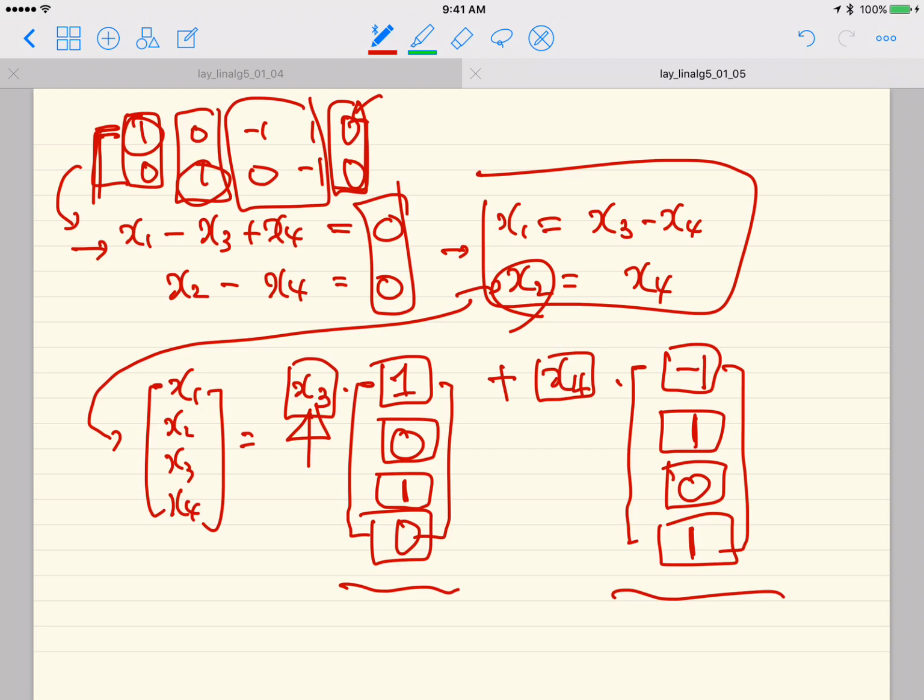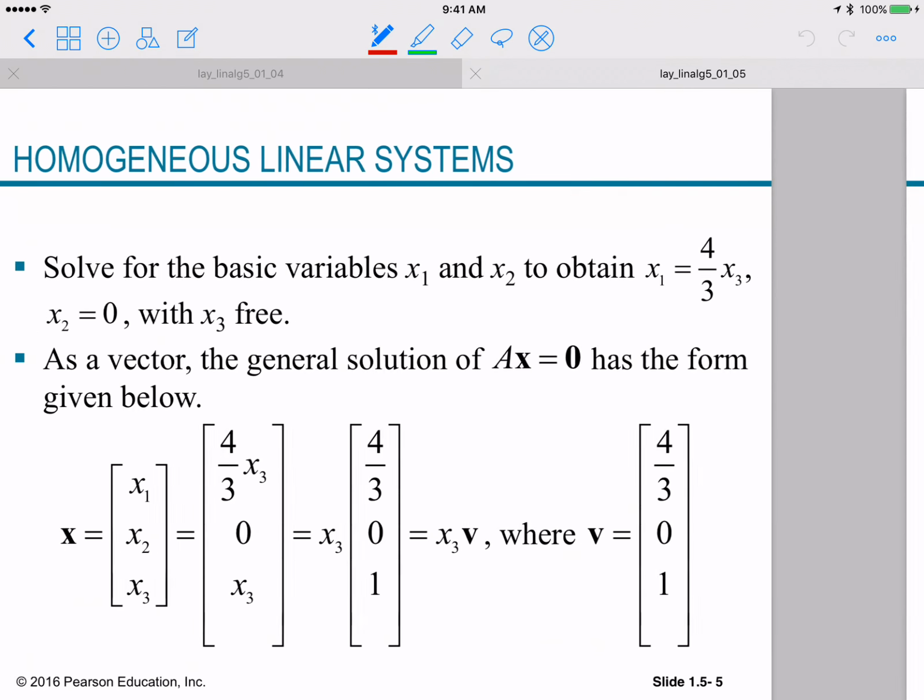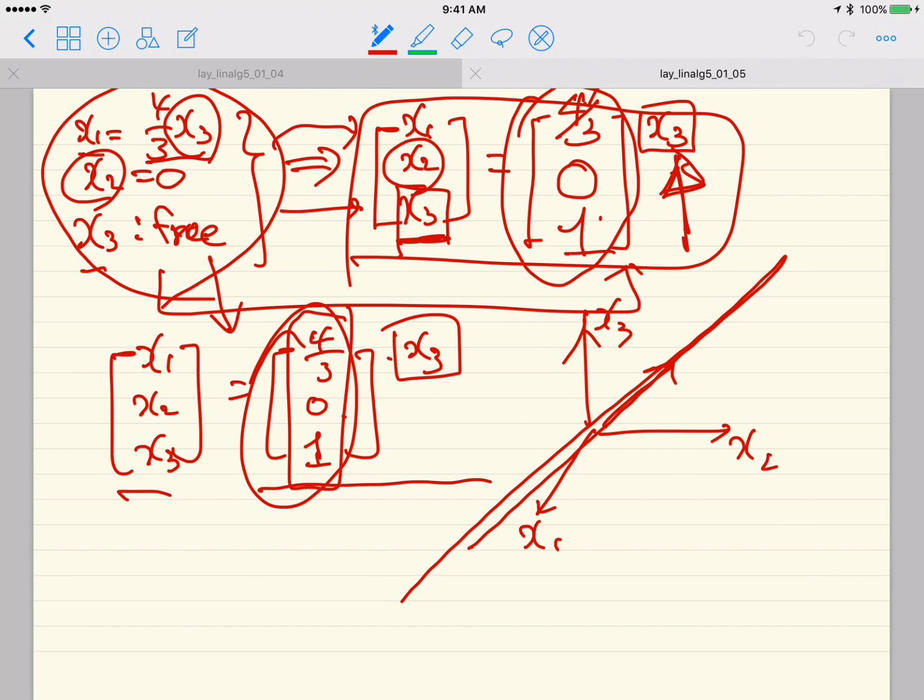Similar to the previous example, in this geometric interpretation, we freely stretch out this vector along this vector direction. We can freely change the length of this vector by changing the value of x3.